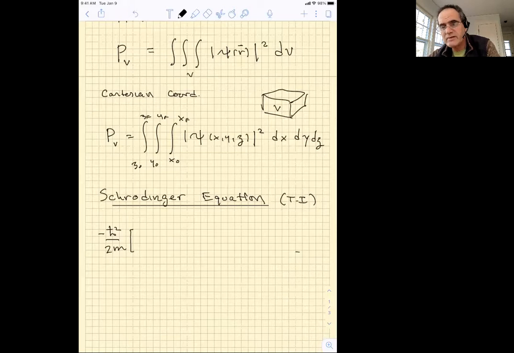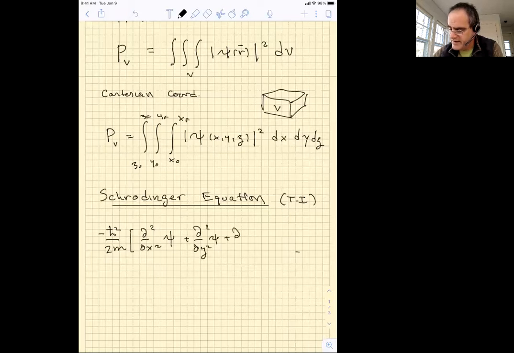And now we have the second spatial derivative of the wave function, but now we have to take partial derivatives in each direction. d by dx squared of psi plus d by dy squared psi plus d by dz squared psi. And that's equal to E minus U of r times psi. Okay?